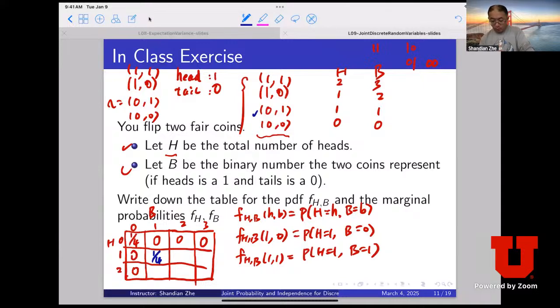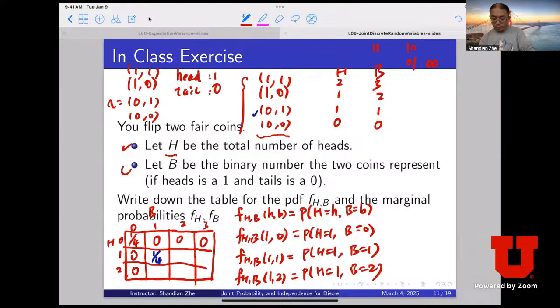Okay, so what is the density function at 1 and 2? 0. We just take a look at if we can find any outcome that gives H equals to 1, but B equals to 2. No such outcome. Oh, yeah, you're right.